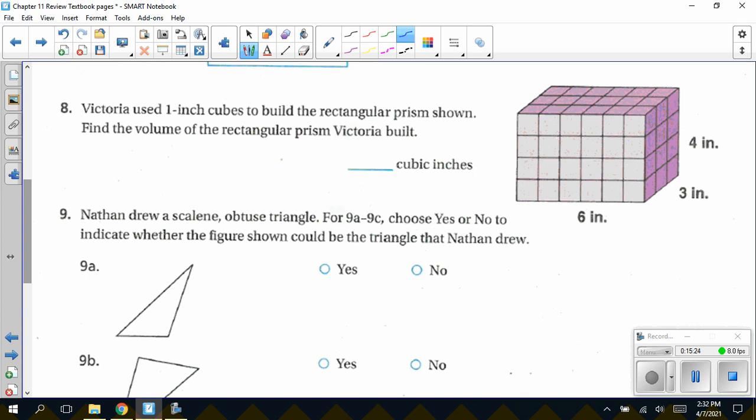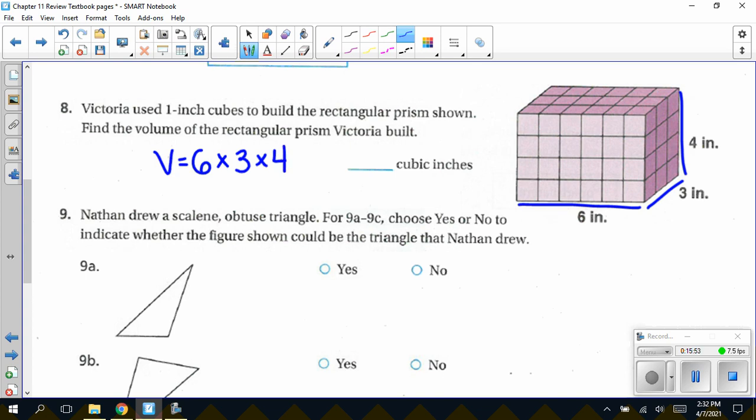Moving on to number 8, Victoria used 1-inch cubes to build the rectangular prism shown. Find the volume of the rectangular prism Victoria built. So we know that we're just finding the volume by taking our length, which we see is 6 inches, times our width, which is 3 inches, times our height, or how many layers, which is 4 inches.